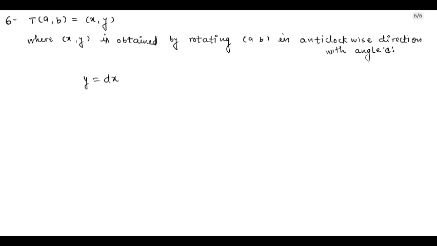This is a transformation. I say what is (x, y)? You say (x, alpha x). This is the transformation T of (x, y).